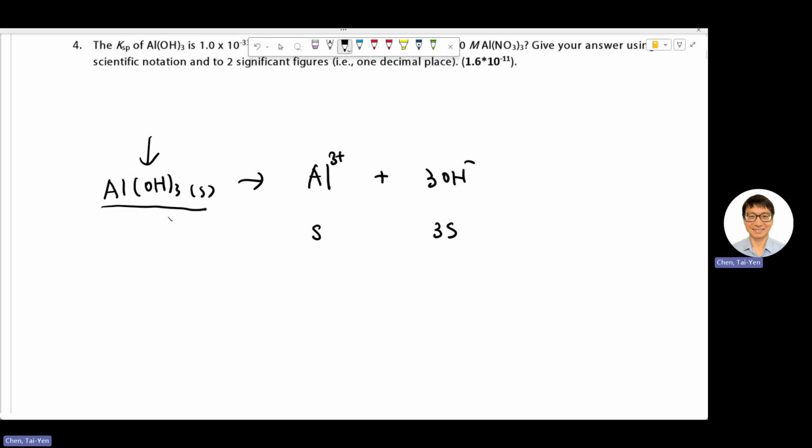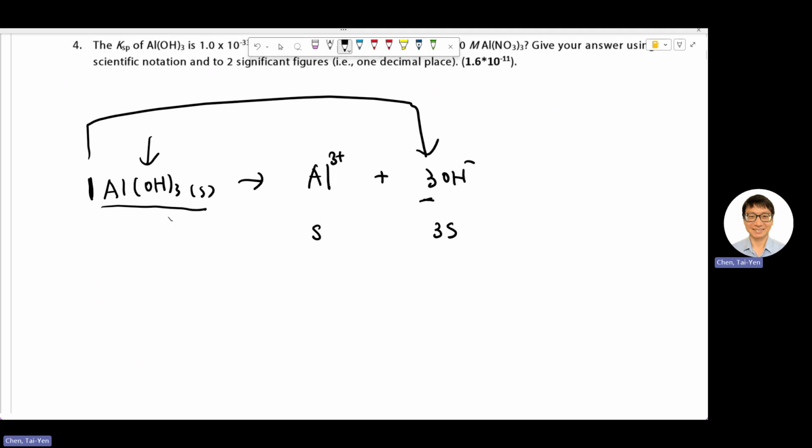Because the coefficient for your insoluble salt is 1 here, which means 1 insoluble salt, once it dissociates, produces 3 equivalents of OH-. If the concentration of the solubility of your salt is S, then since you produce 3 times of that, the concentration will be 3S for the OH-.